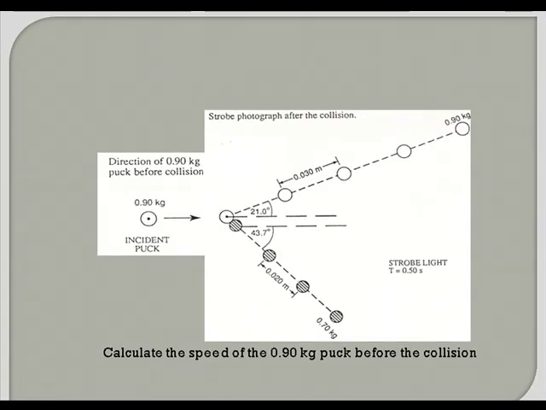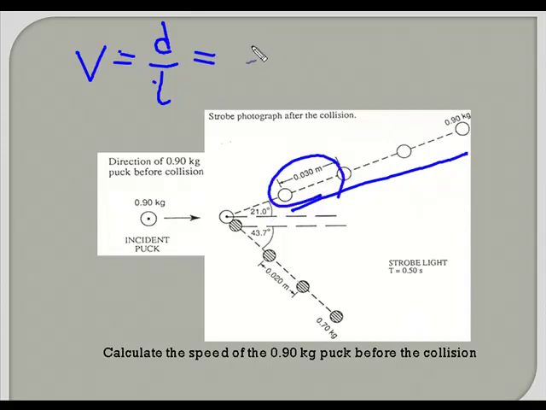So let's start by finding the velocity then of the incident puck. There it is. Velocity is distance over time, and the distance is shown on the diagram, and the distance is 0.03.